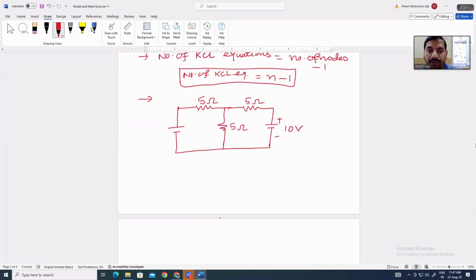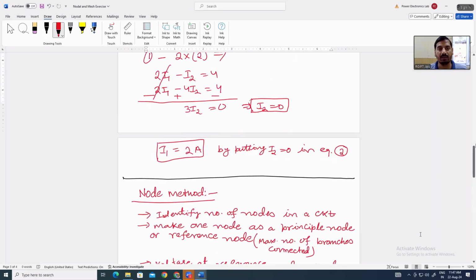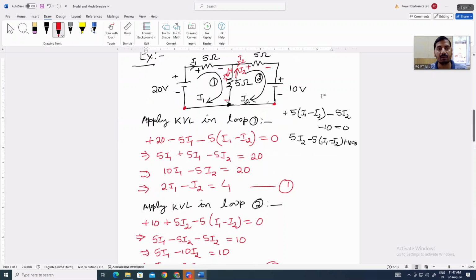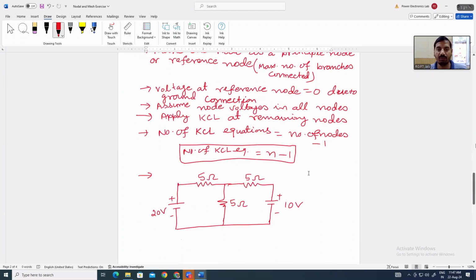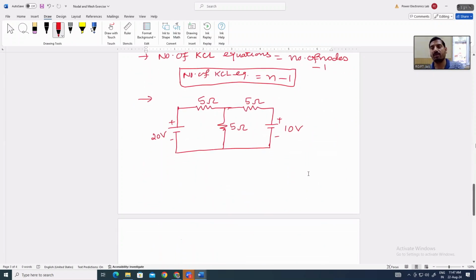Here 10 volt, 20 volt. Same है. I think I have made it correct. 5, 5, 5, 20, 10. Okay. The same problem we have taken, and by this method also we will verify that the currents that we have calculated in the previous diagram by using mesh method, that we are getting the same or not.